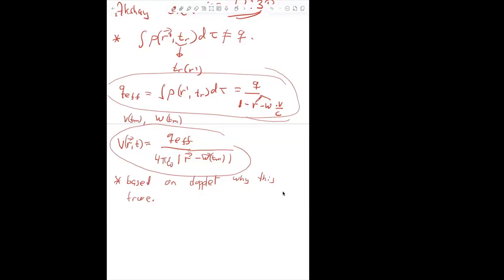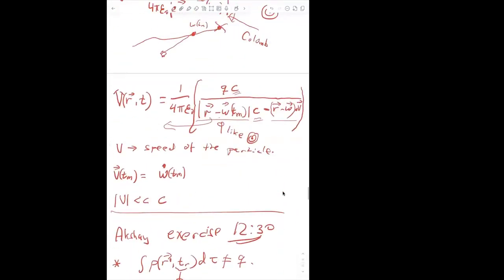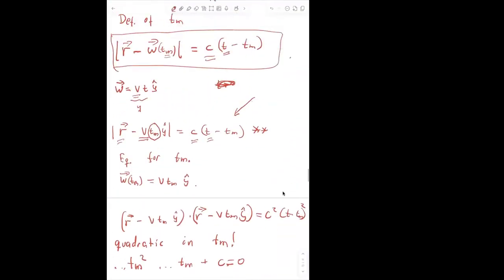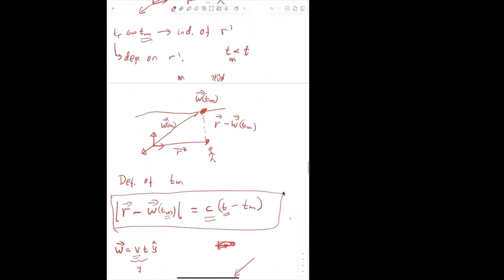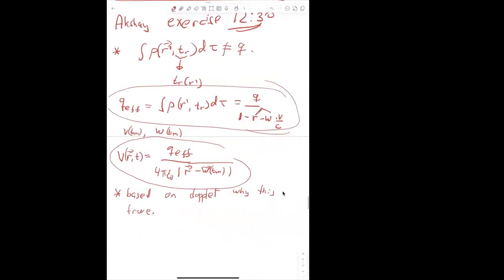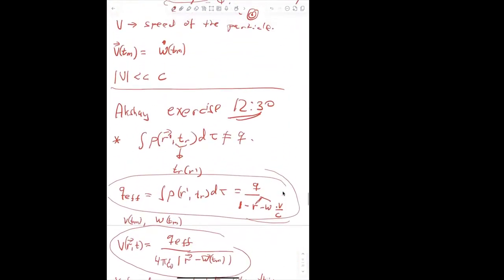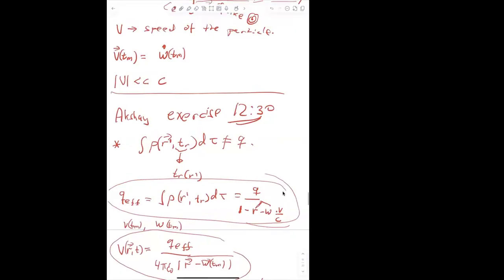And Griffiths, because we didn't have time, goes a little bit deeper into this in a beautiful way. He tries to explain why he goes backwards to a simpler problem. He says, let us first calculate not the horrible integral that we had before, but this integral. Why is this easier?